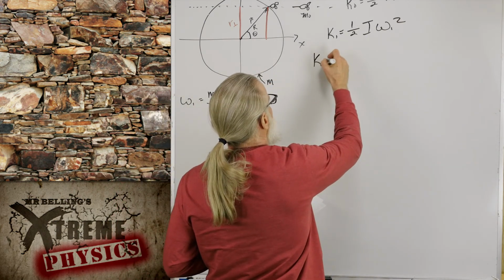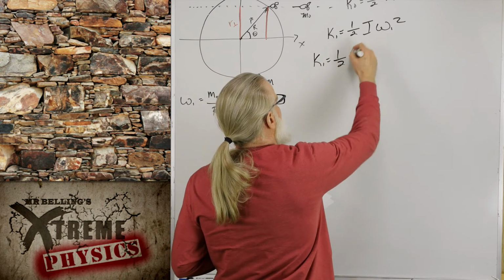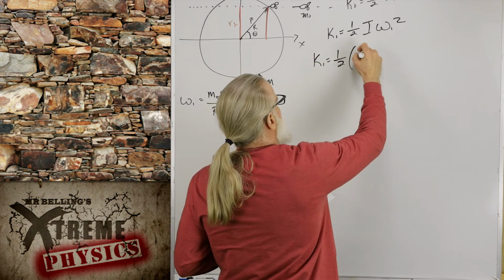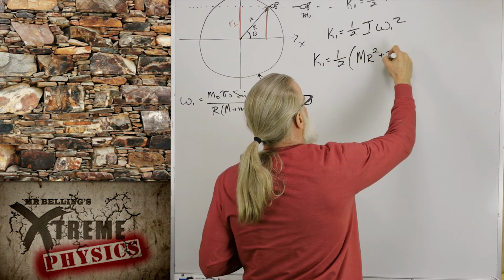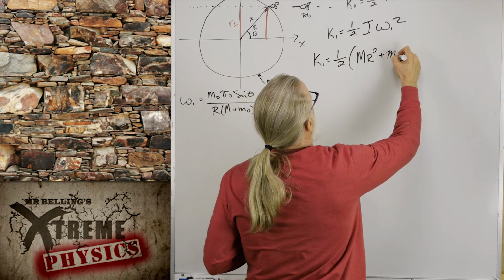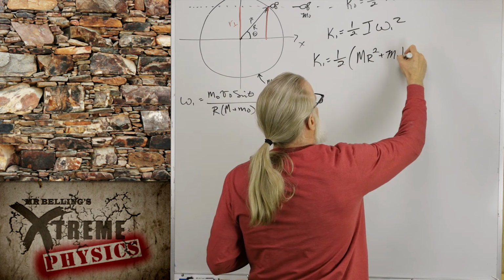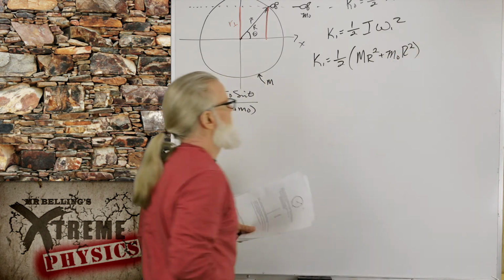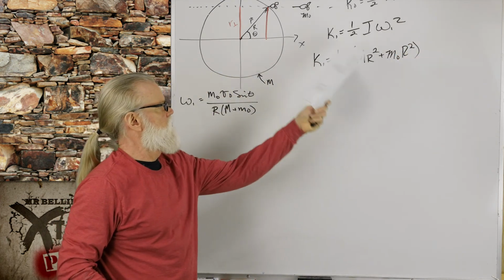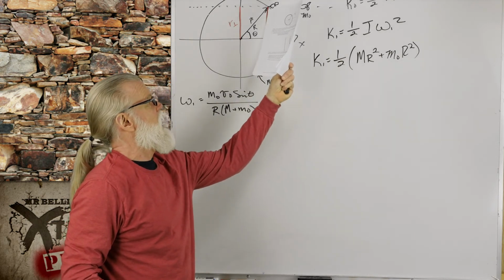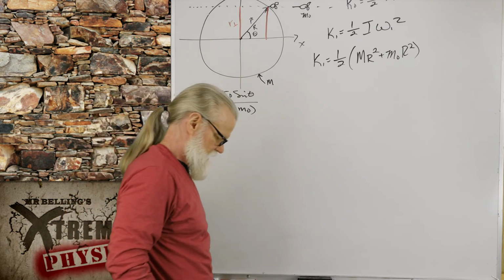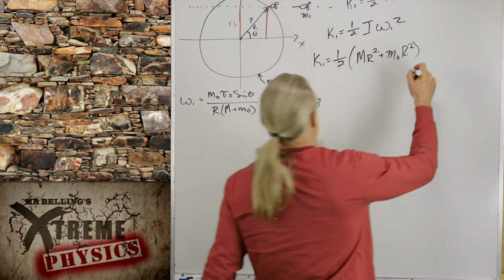So K1 equals 1/2 I, which is m r squared plus m0 r squared. That is the moment of inertia of a hoop plus the moment of inertia of a glob stuck at the edge of the hoop, times omega 1 squared.